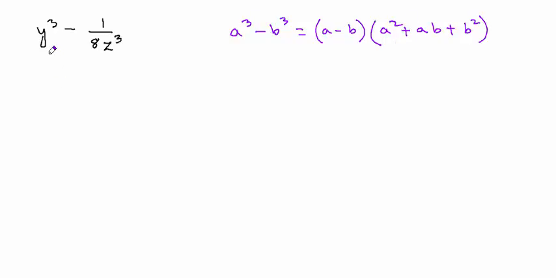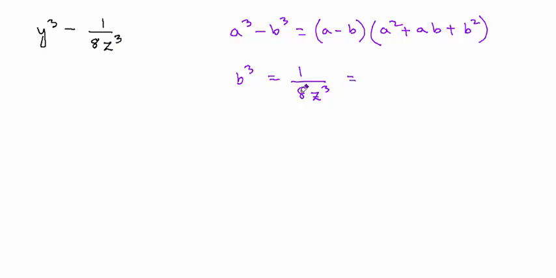So our job over here is to find out what's a and what's b. Now a looks to be pretty simple. a in our case is y. To find what's b, and therefore what's b squared to be applied in this formula, we want to compare b cubed with 1 over 8z cubed as given here.